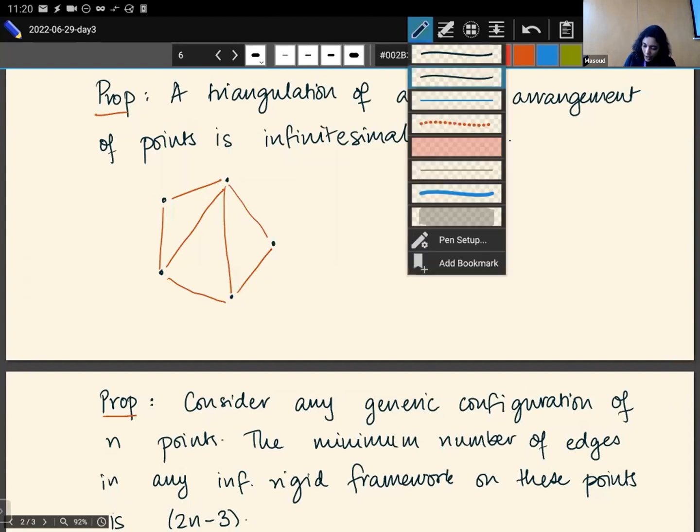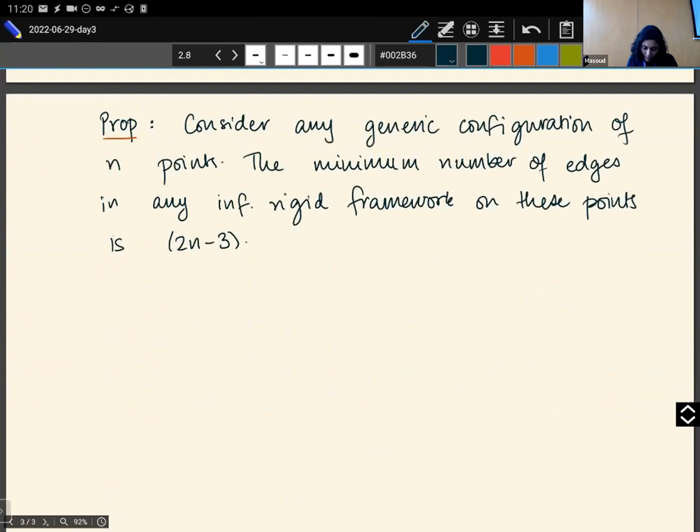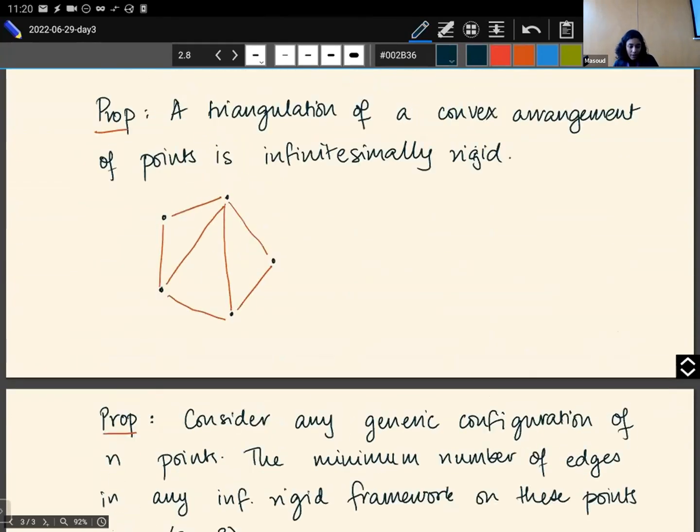And then the second proposition, which again, I think is not obvious to me, is that if you have any configuration of endpoints, pointed pseudo triangulations are also infinitesimally rigid.